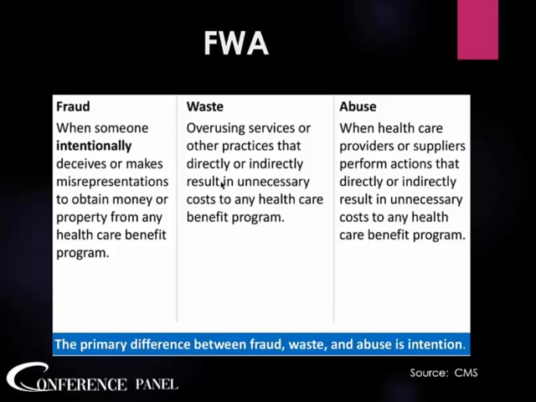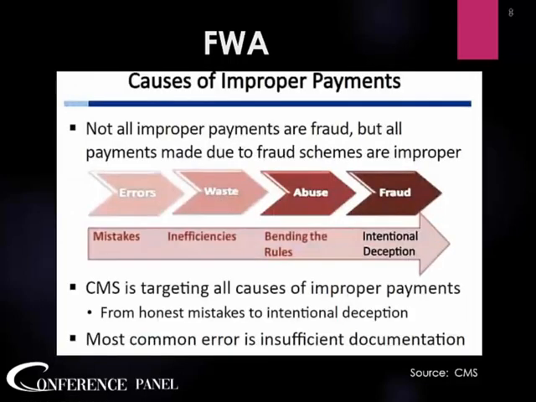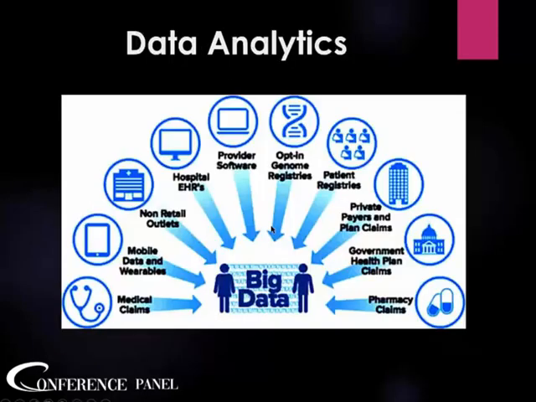So fraud, waste, and abuse is a term of art in the industry. It's something that we hear all the time. These terms are very specific in their applications, but they're also kind of an umbrella term for all of the governing authorities that we're going to talk about safeguarding the government's trust fund. So causes of improper payment. Data analytics is huge.